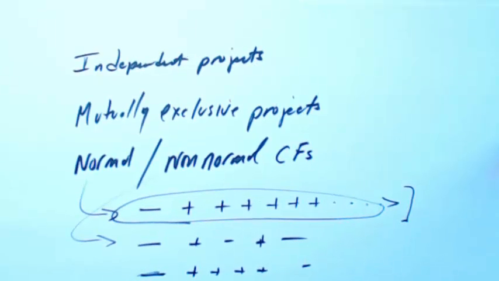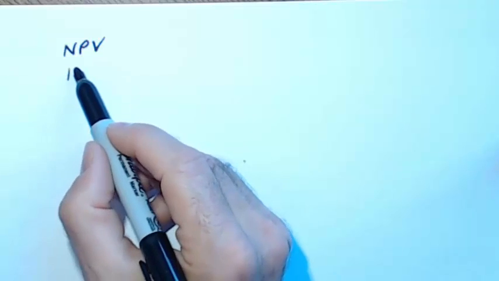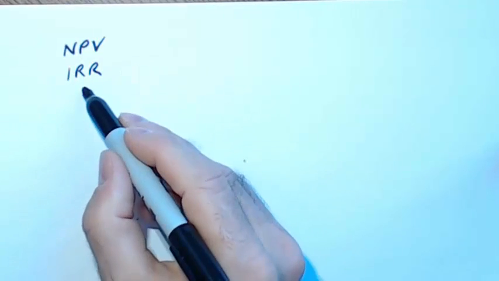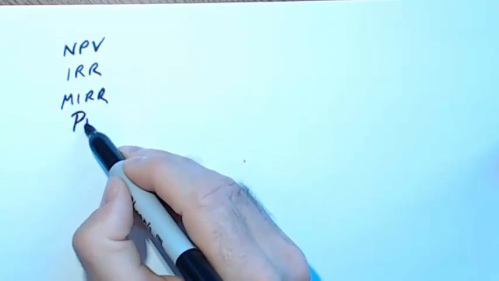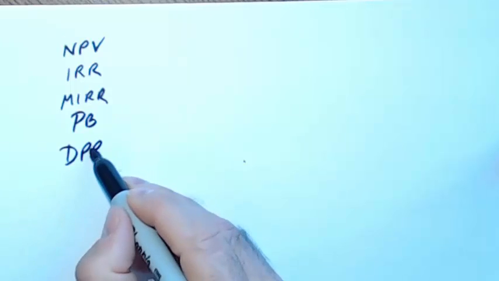Now, we're going to look at various rules. The rules are methods of determining whether or not these projects are acceptable. We're going to look at net present value, concepts of internal rate of return, modified internal rate of return, payback period, and discount payback, which are some of the main methods of determining whether or not a project is acceptable.